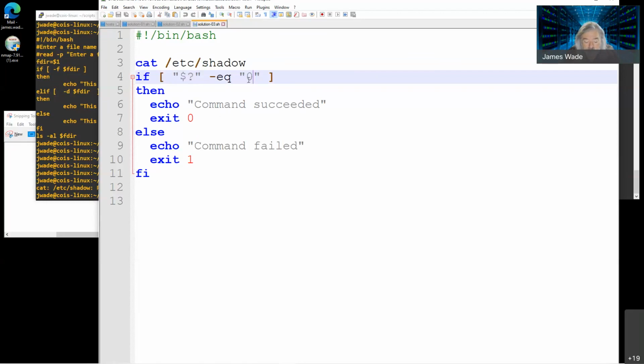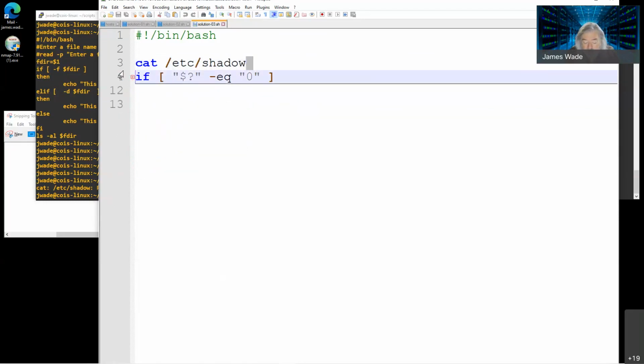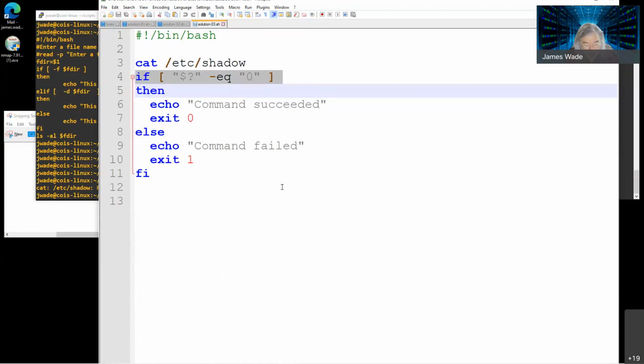If it's equal to 0, meaning it did an exit 0, well, then the command succeeded. But else, the command failed because it didn't exit with a 0. It didn't succeed, so it failed.